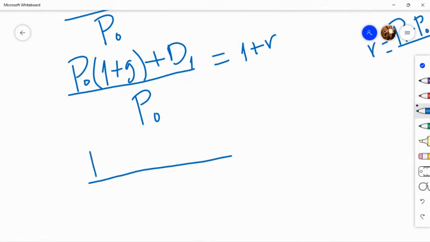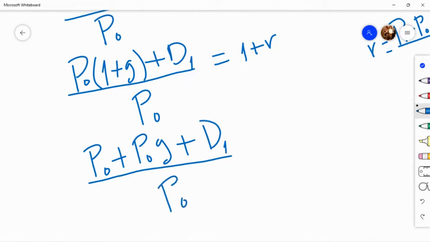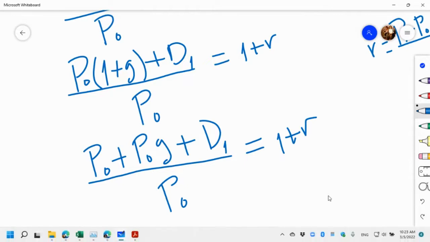So then we can rewrite this as P0 plus P0 times G plus D1 over P0. That's 1 plus R, right?